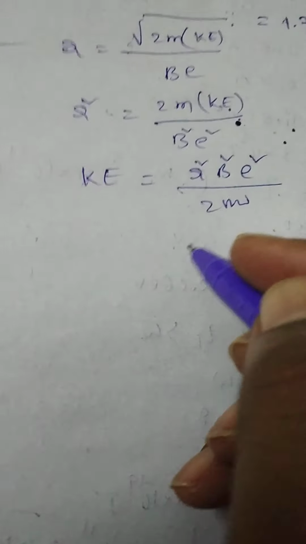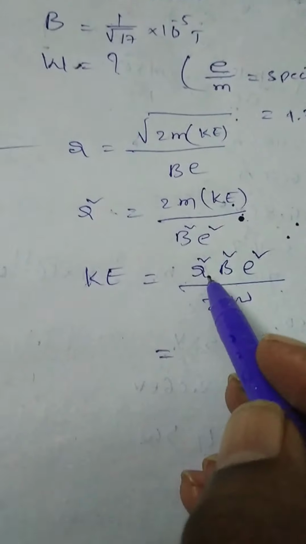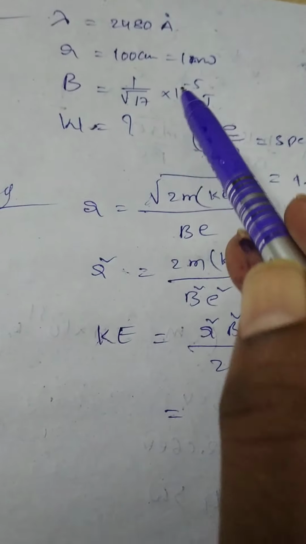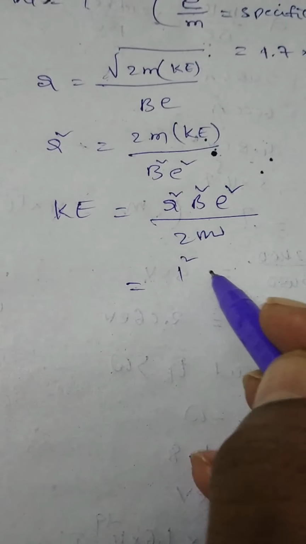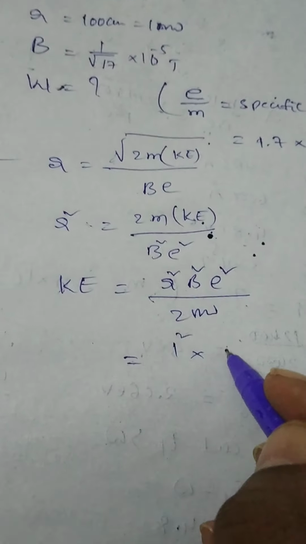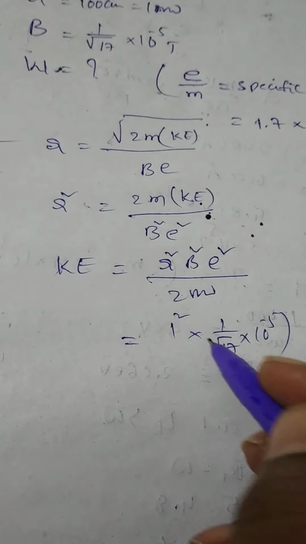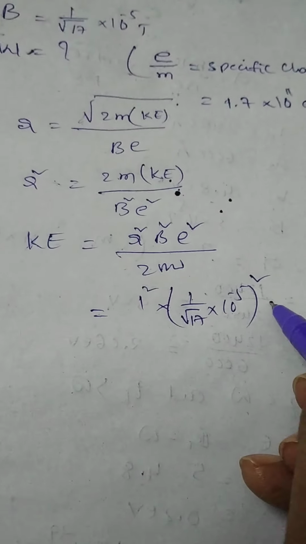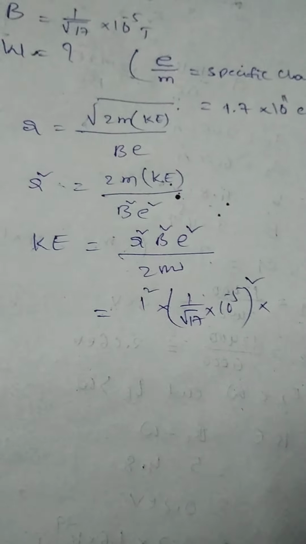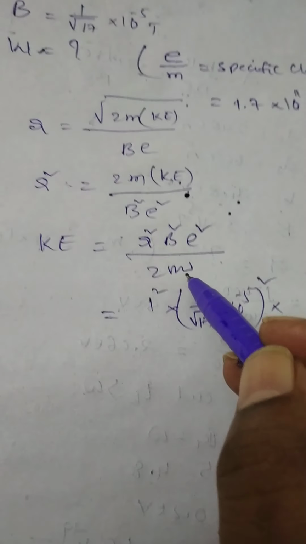Therefore, the radius r is given as 1 meter, 1 square, into magnetic induction field 1 by root 17 into 10 power minus 5 whole square, into E square by m square.